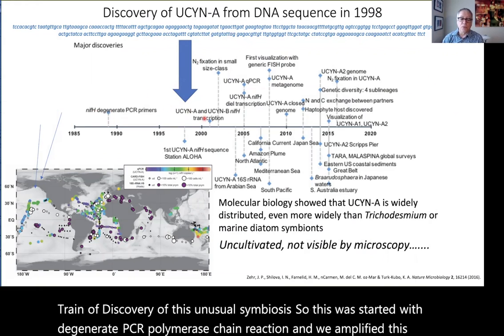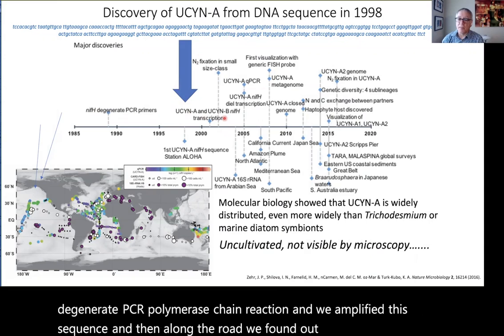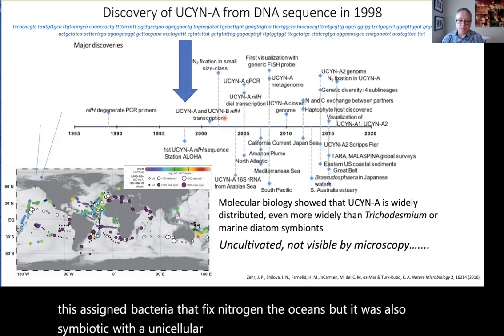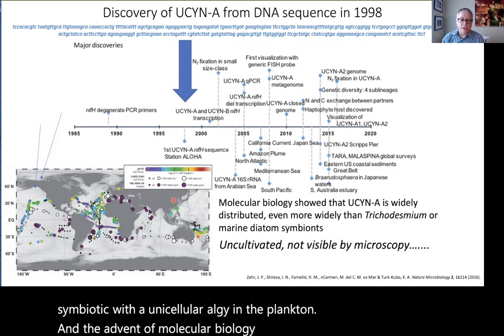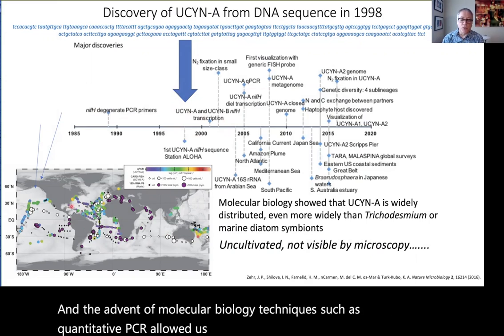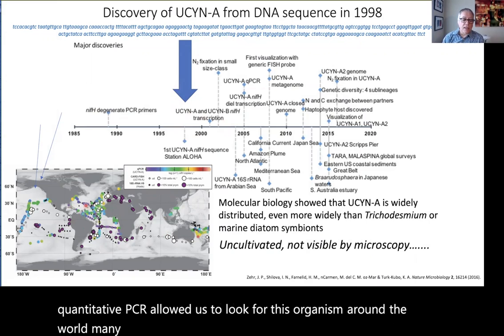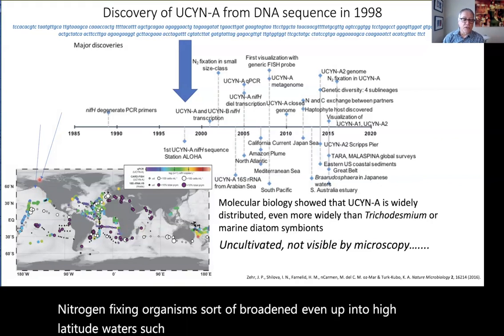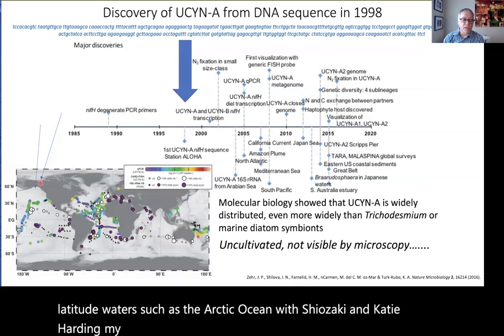And then along the road, we found out that not only was this a cyanobacterium that fixed nitrogen in the oceans, but it was also symbiotic with a unicellular algae in the plankton. And the advent of molecular biology techniques such as quantitative PCR allowed us to look for this organism around the world, many groups, not just us. And the map of the distribution of nitrogen fixing organisms sort of broadened even up into high latitude waters, such as the Arctic Ocean with Shiozaki and Katie Harding, my student's discovery of nitrogen fixing organisms here.